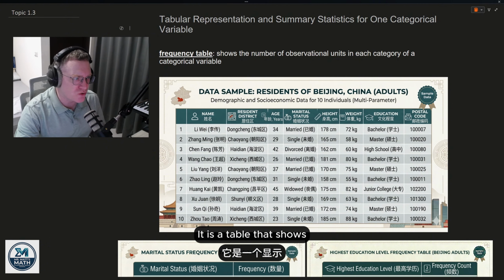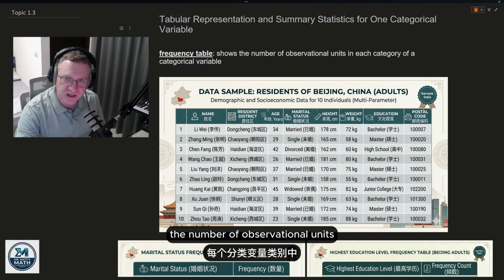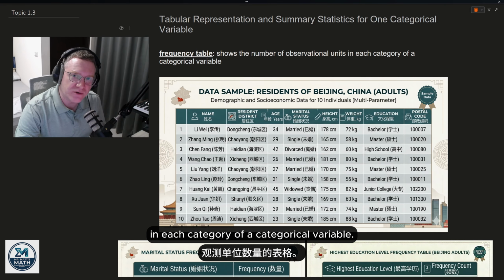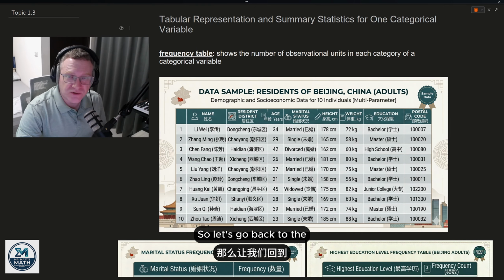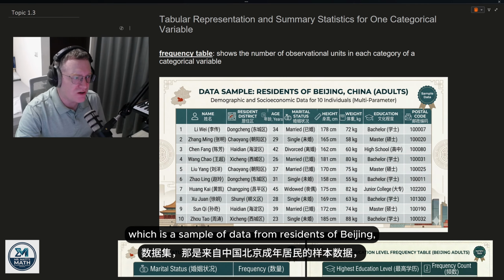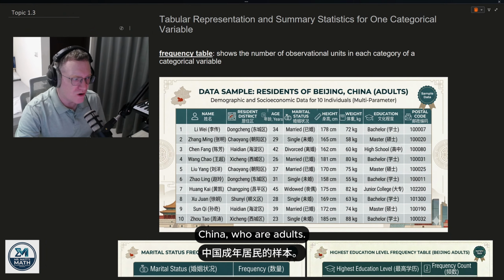It is a table that shows the number of observational units in each category of a categorical variable. So let's go back to the data set that we were using in our topic 1.2 video, which is a sample of data from residents of Beijing, China, who are adults.